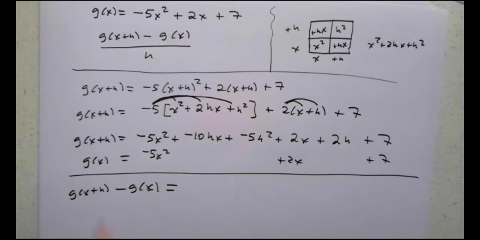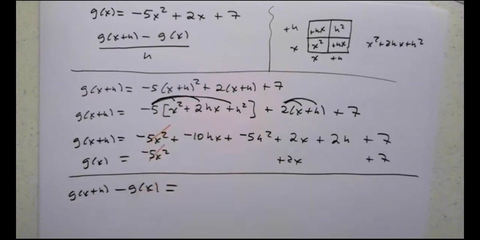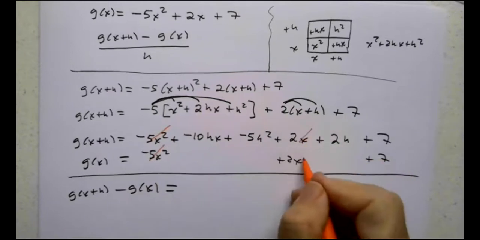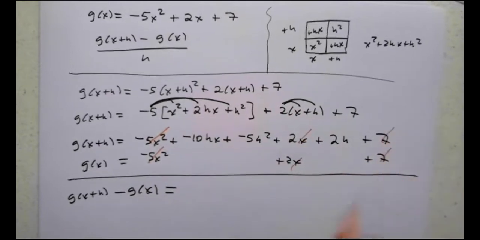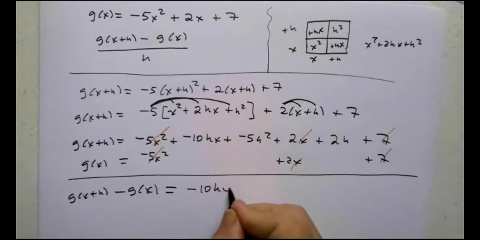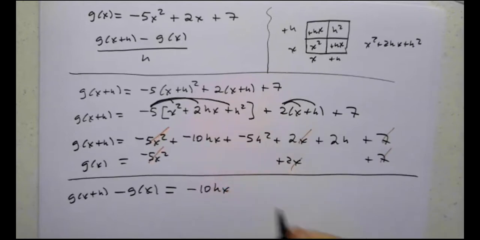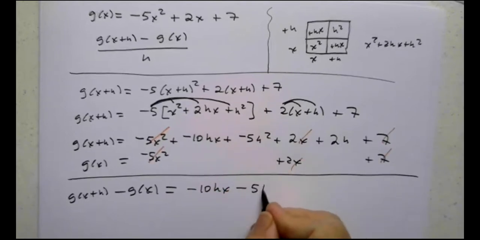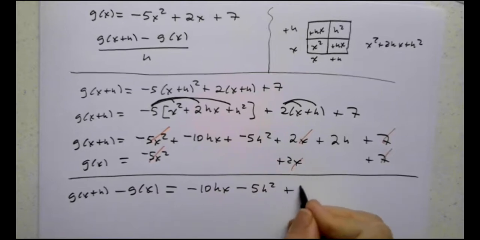Well, negative 5x squared minus negative 5x squared would give me 0. 2x minus 2x would give me 0. 7 minus 7 would give me 0. What I am left with then is negative 10hx minus 5h squared plus 2h.